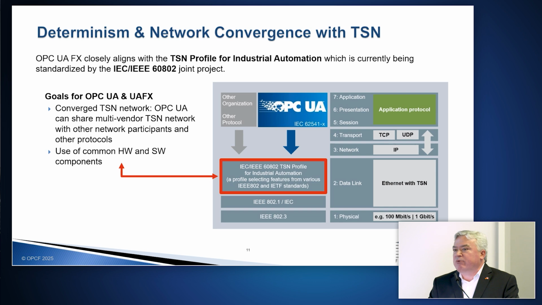But it's also a relevant technology to finally come to this IT-OT convergence, allowing protocols to coexist and go away from these dedicated, closed networks we have today to a more open, a more flexible structure in the future. So TSN has different aspects that are highly relevant for building the OPC UA FX ecosystem.